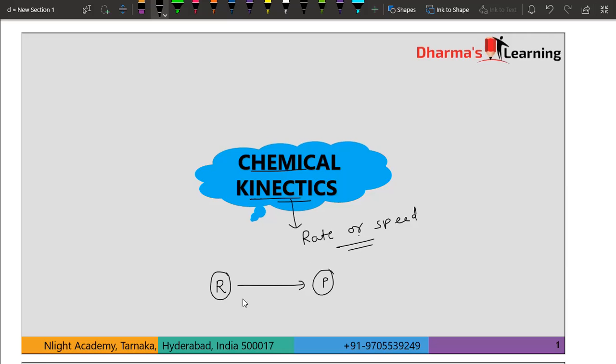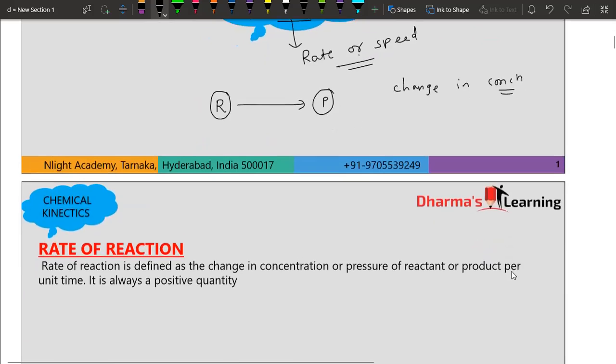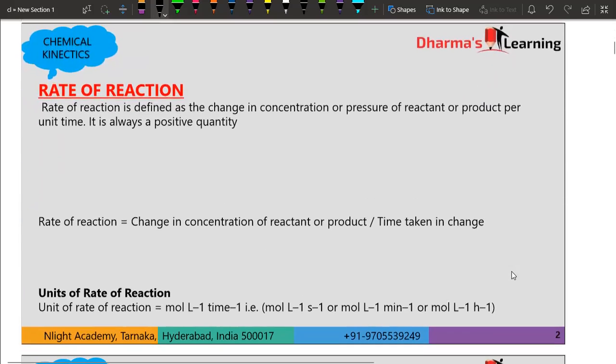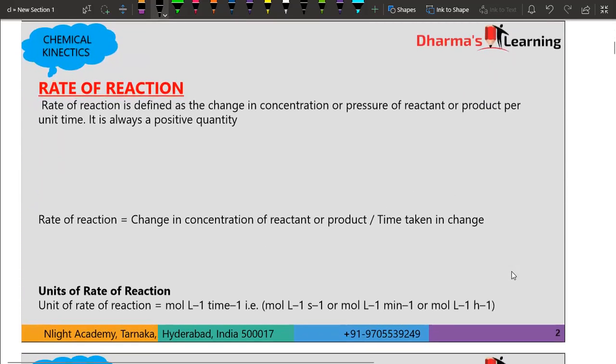Similarly, when the reactant converts to the product, there is a change in the concentration. So in a chemical reaction, we are discussing the change in the concentration of the reactant or the concentration of the product. Now we are going to discuss what exactly the rate of a chemical reaction stands for. The rate of a chemical reaction is defined as the change in concentration or pressure.